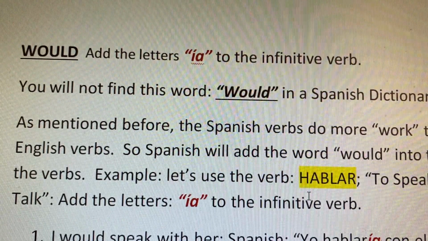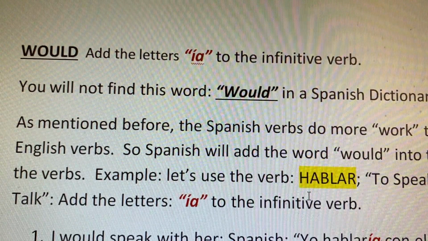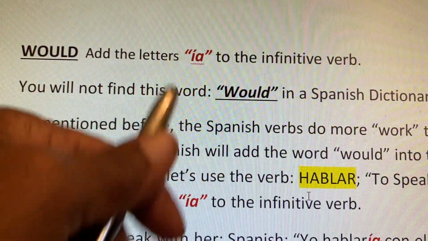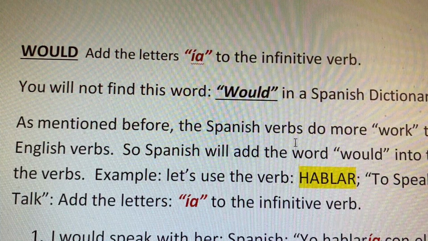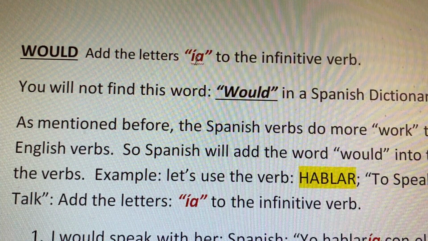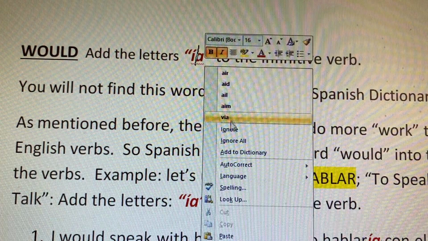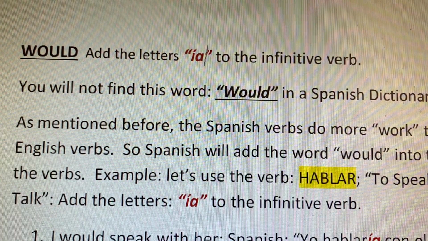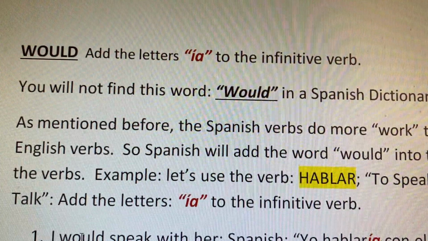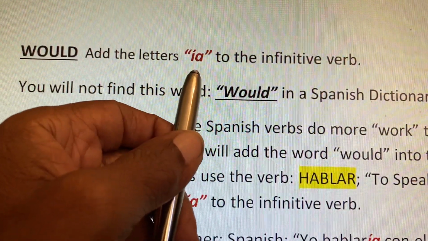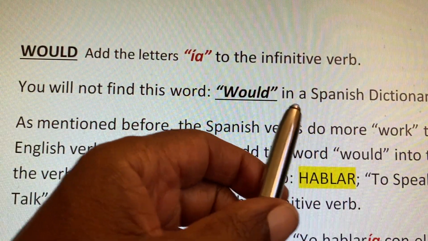In Spanish, this letter is the I and the A. So we pronounce it ia. We're going to add it to the infinitive verb.